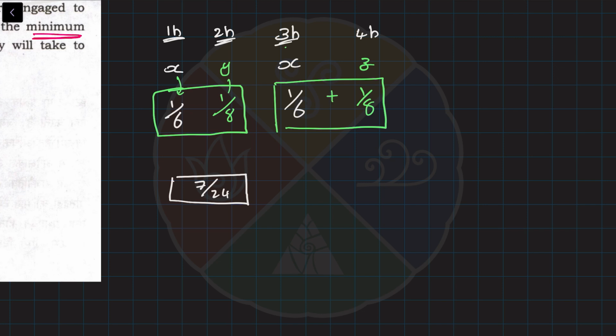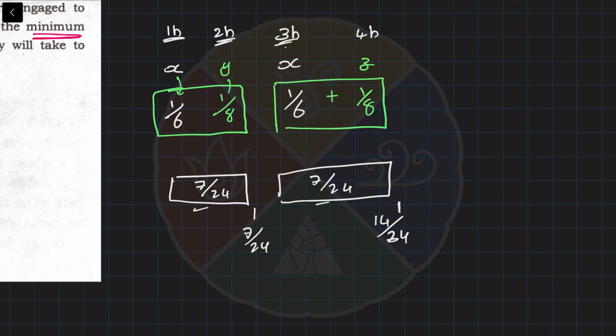We have already added this value. That means in the second part, again 7 by 24 work will be done. So starting 7 by 24, next 7 by 24, after the end of the fourth hour the total work will be 7 by 24 plus 7 by 24, 14 by 24.